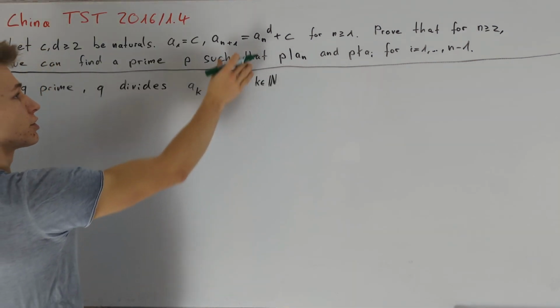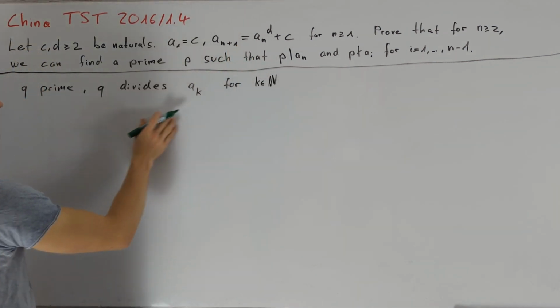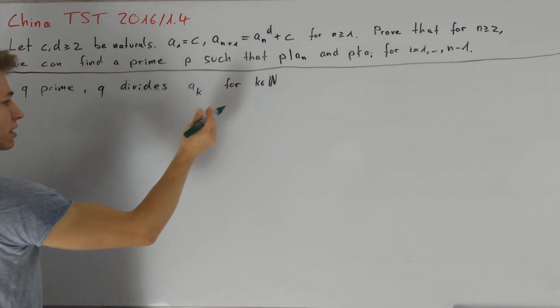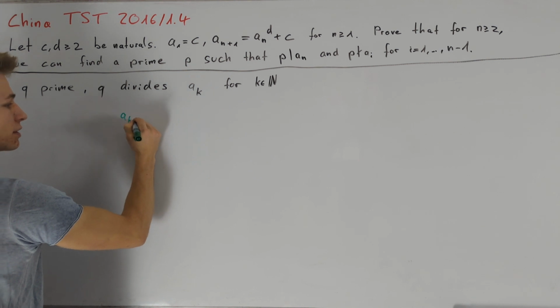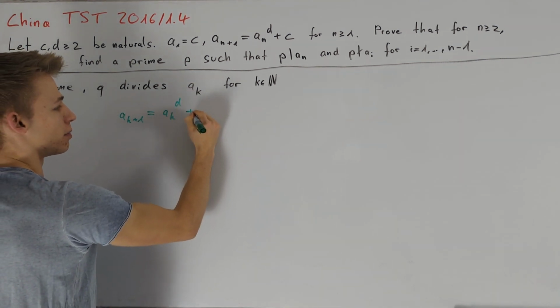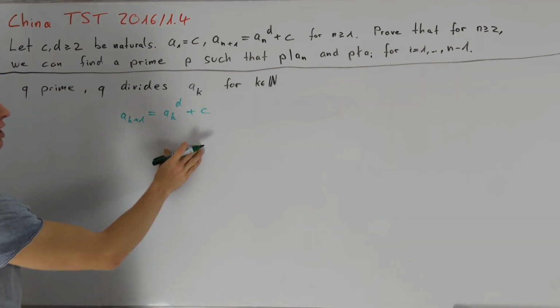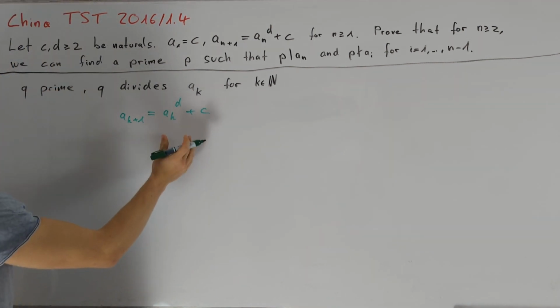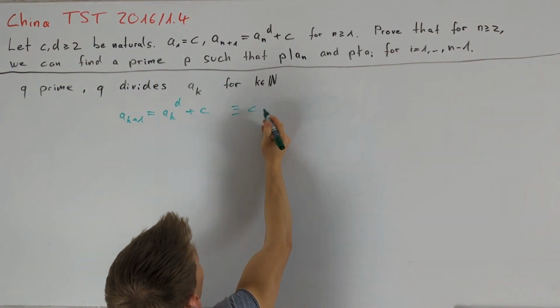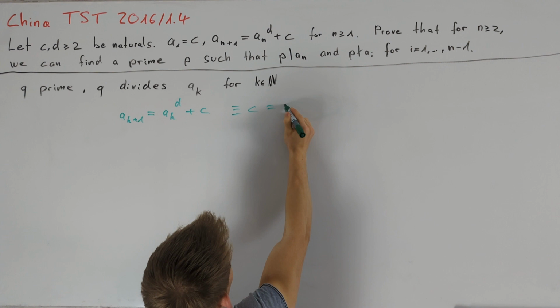Let's now use our recursion to figure out what this tells us about the divisibility by q for the other members in our sequence. So we get that a_{k+1} is equal to a_k to the power of d plus c. This is actually really nice because a_k is divisible by q, and thus this is congruent to c modulo q, which is nothing but a_1.